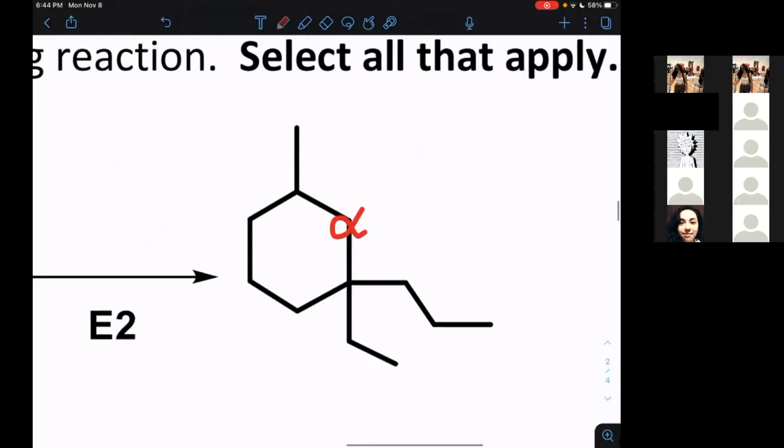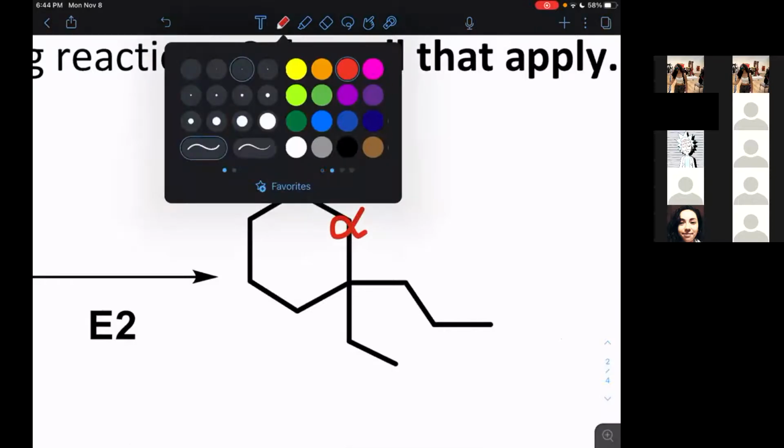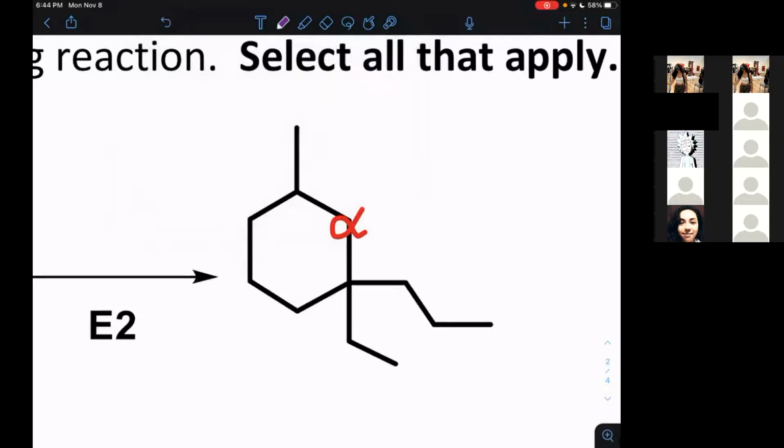We'll have one here, and then our possible betas are just gonna be the adjacent carbons.